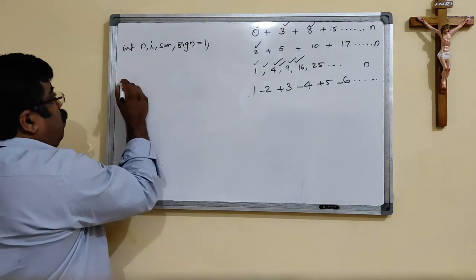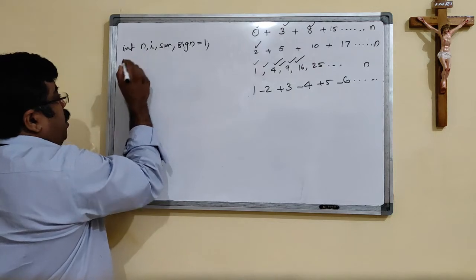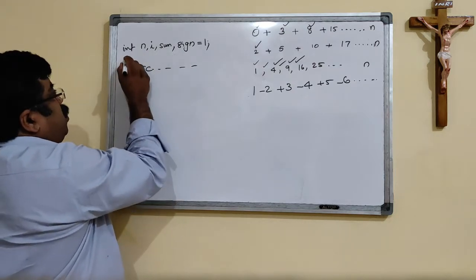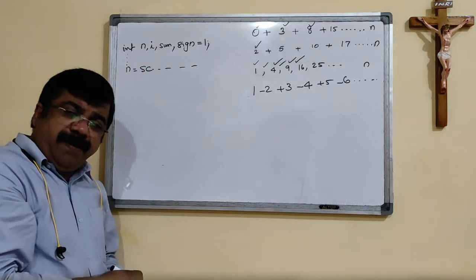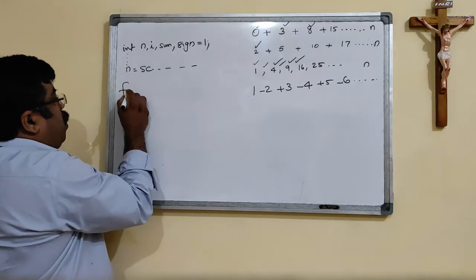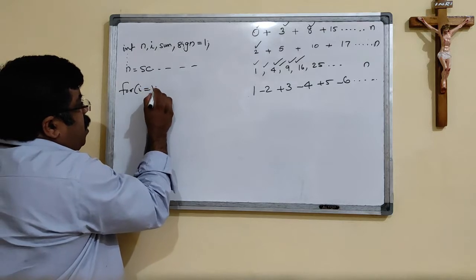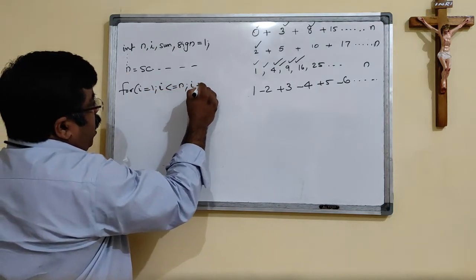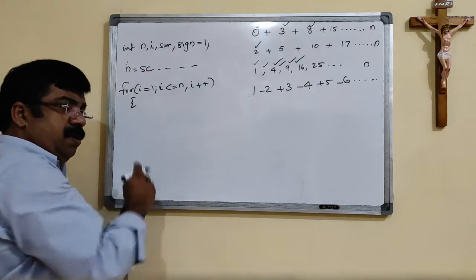Okay, now int n already declared. So n is equal to sc.next as usual. We gave for I equal to 1, I less than equal to the number of terms, I plus plus.